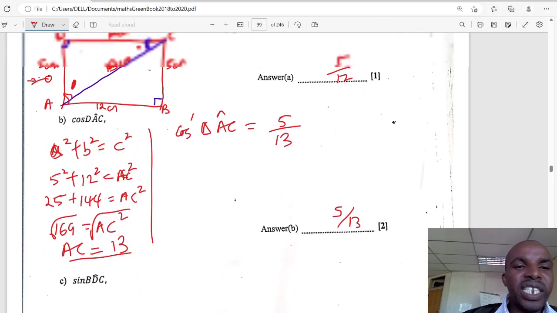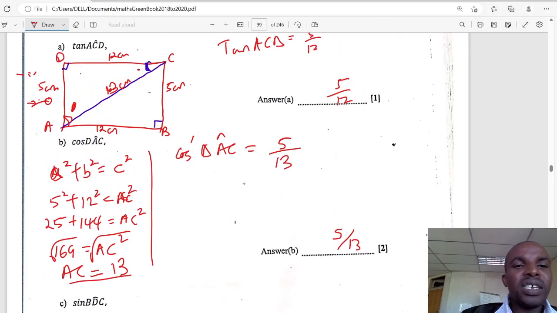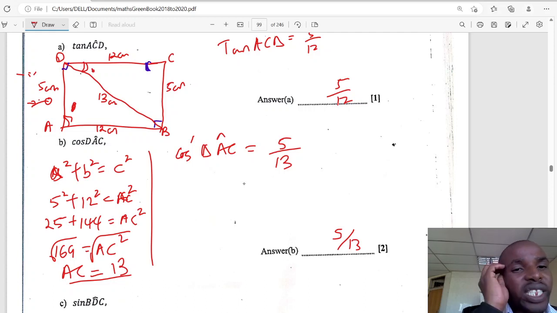Then next item, sin BDC. It means I now need this item. And this side is still 13 centimeters. BDC is this angle that I want, this one. So sin BDC. This one is 90 degrees, right?